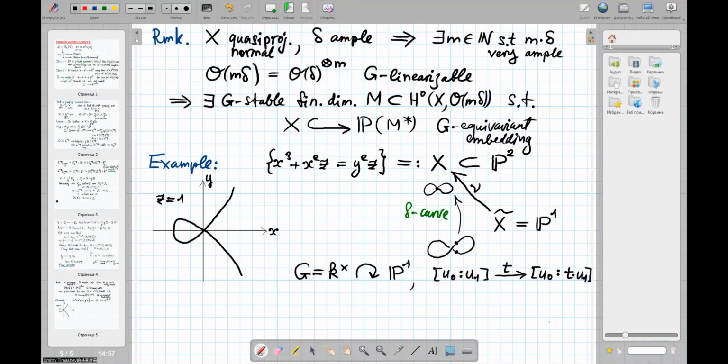So this is a natural action of the one-dimensional torus on a projective line. And this action fixes the points 0 and infinity. These points are given by U0 or U1 equal to 0. So U0 equal to 0 is the infinity point, and U1 equal to 0 is the 0 point. These 2 points are fixed by this action, as is obvious from this formula. So fixed points.